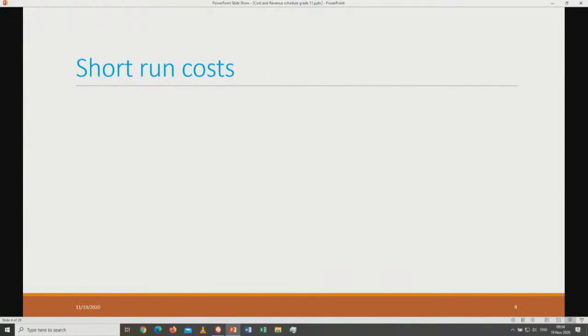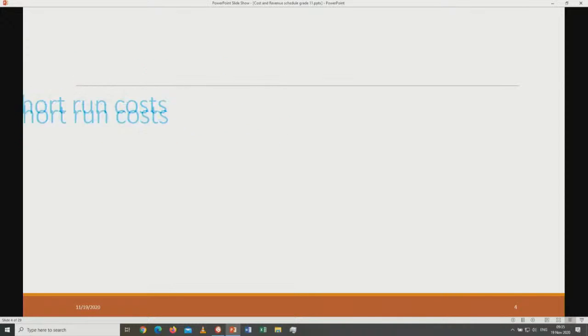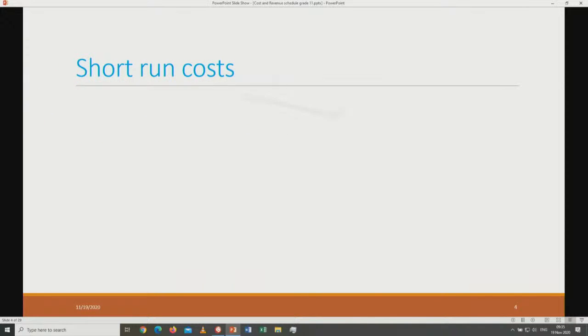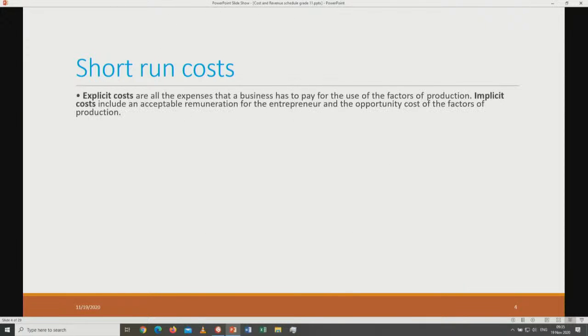Right, yeah. Continuing with the subject, grade 11 learners. Now, this is what becomes important in a business. You need to know what explicit costs are and what implicit costs are. Starting with explicit costs. These are all expenses that a business has to pay for the use of the factors of production. You know that labor is a factor of production.